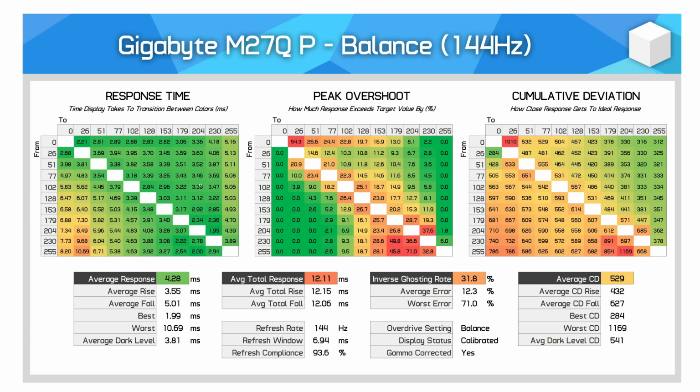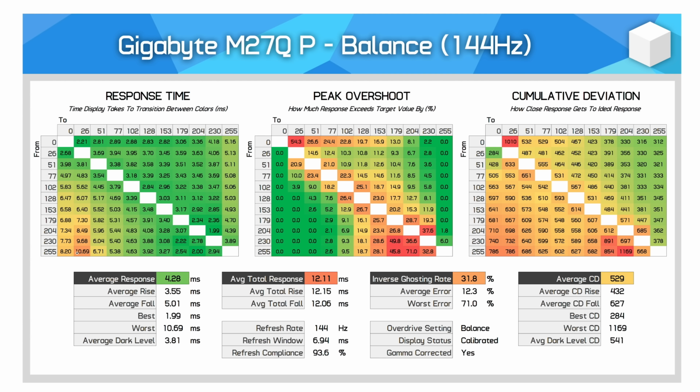For example, let's take a look at this section. You'll see that if we combine what we see for this area of performance for response times with this area of performance for overshoot values, we get fairly okay cumulative deviation values in the light green region. That's because we have fast response times and low overshoot, which creates low cumulative deviation numbers.